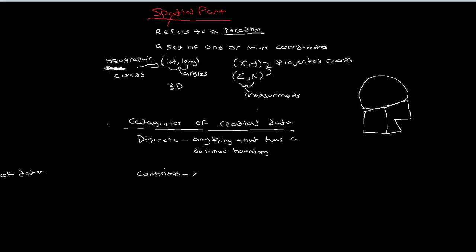Another category of spatial data is what's called continuous. And so if discrete data has a defined boundary, then continuous data would be things that change continuously over their range. Right? Anything that changes continuously over an area.